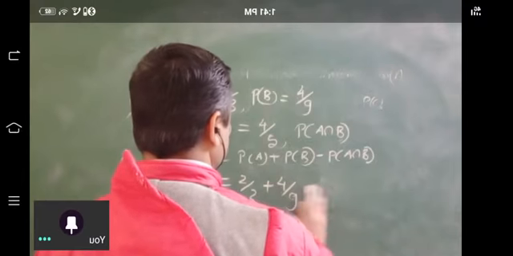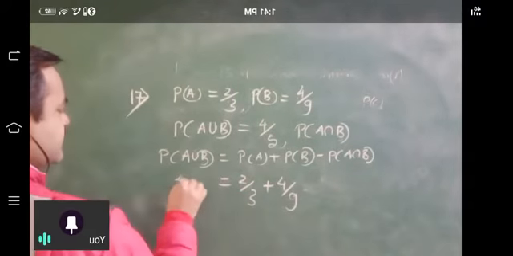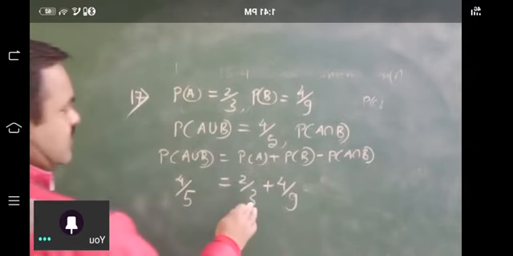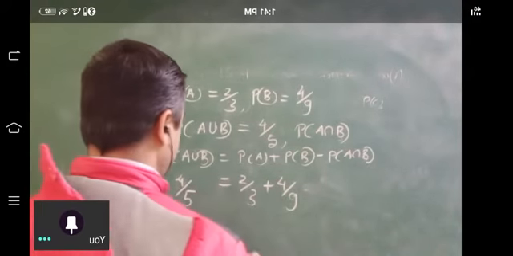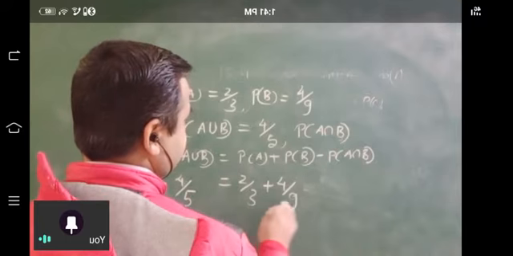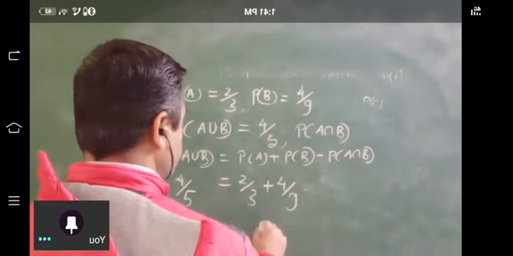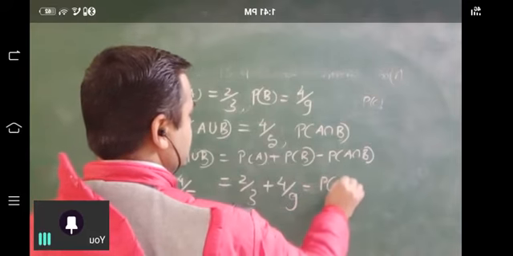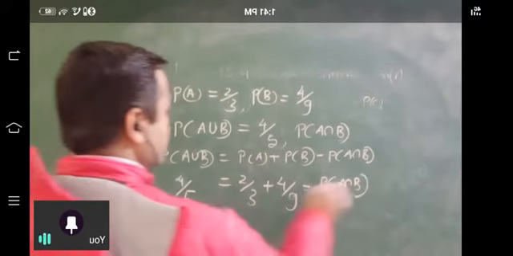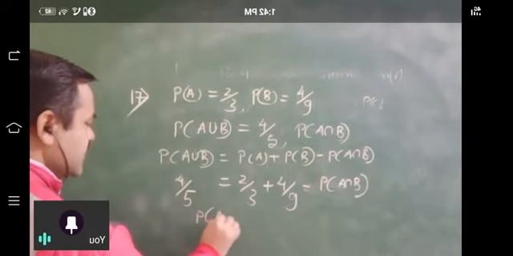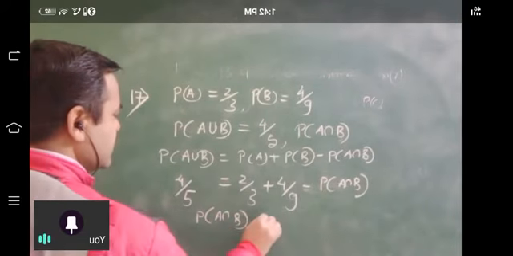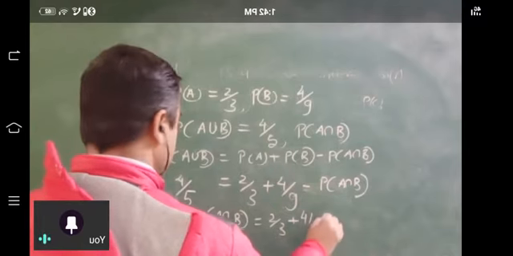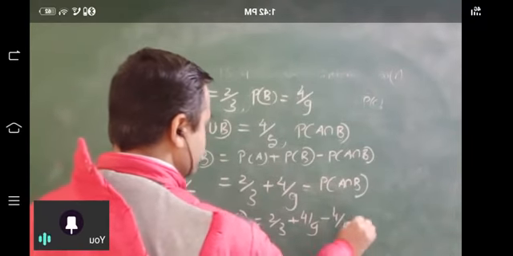It is given here, 4 by 5, minus P of A intersection B. So P of A intersection B equals 2 by 3 plus 4 by 9 minus 4 by 5.